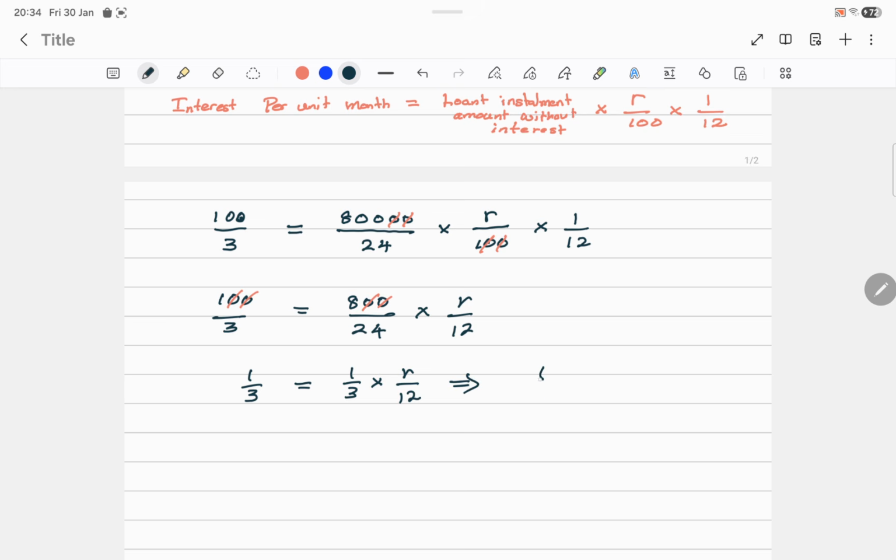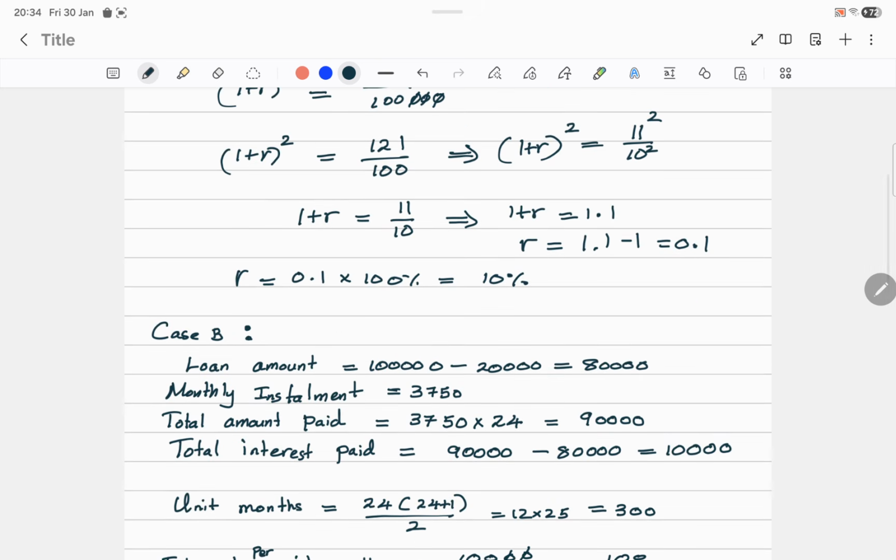So you get 1 over 3 equals r over 36. So r is 36 over 3, so 12%.